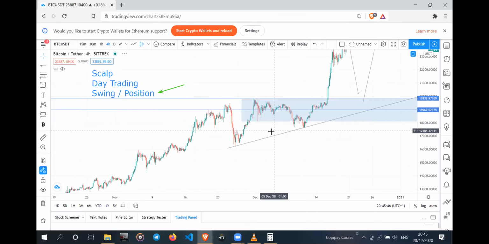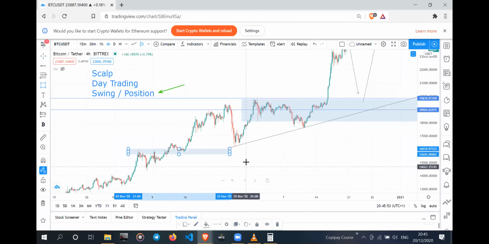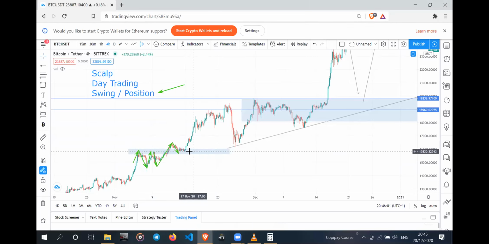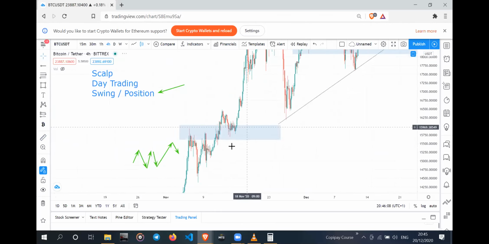Let's see this for example. Okay, here. Over here, we had resistance, resistance, broken out, retested. A day trade could have been taken here, entered at 15,850 and closed on, what time is this? Let's make use of time as well.